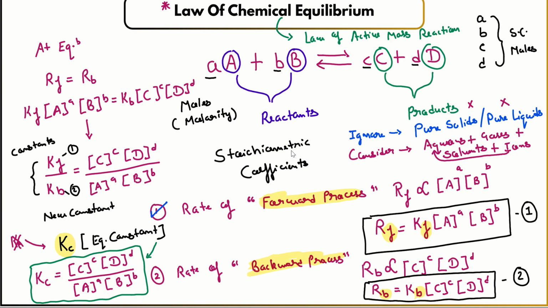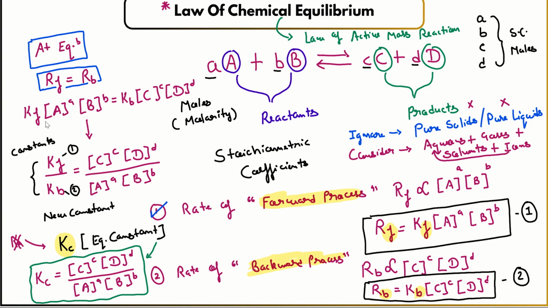And we know that at equilibrium, the rate of forward process is always equal to the rate of backward process. We take a constant Kf in the forward process and Kb in the backward process. So Kf[A]^a[B]^b equals Kb[C]^c[D]^d.